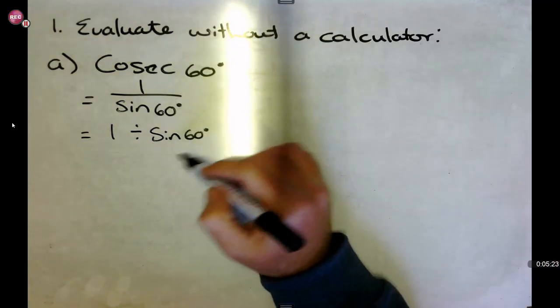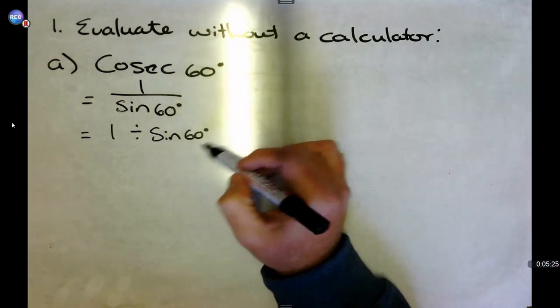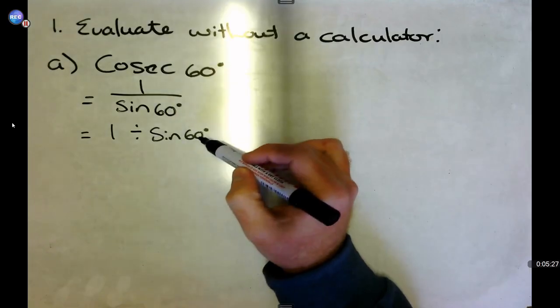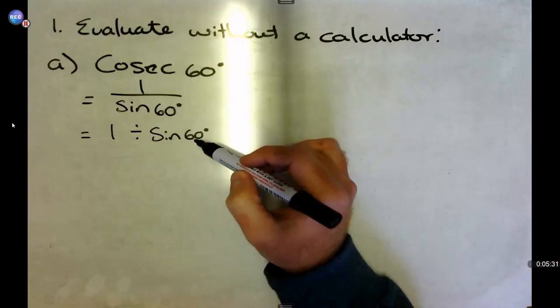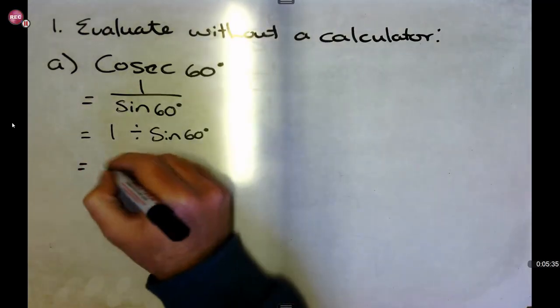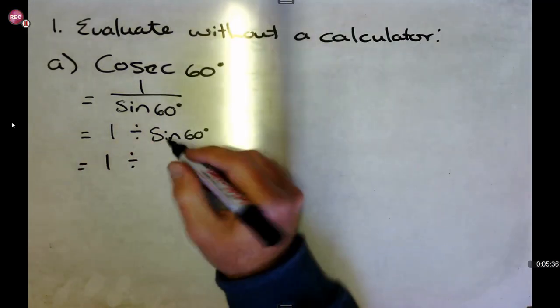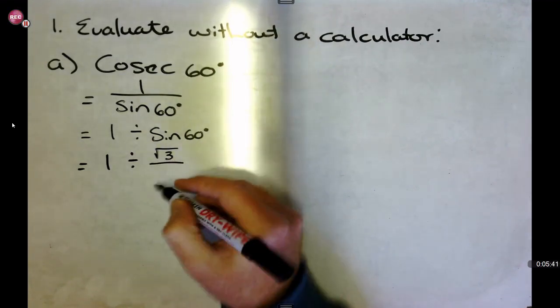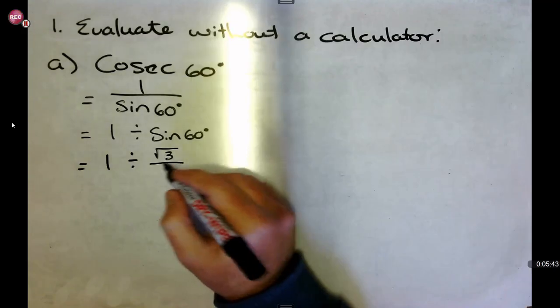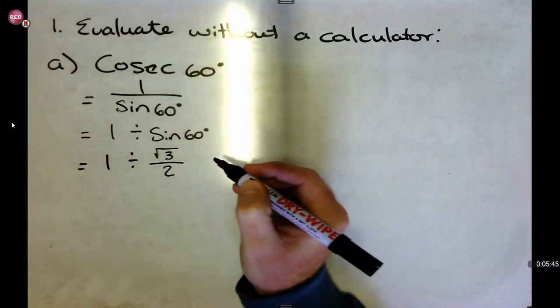What you need to do with regards to this sine 60 degrees is write the special angle for sine 60. The special angle for sine 60 is as follows. So you'll have the 1 divided by the special angle, which is square root of 3 over 2.